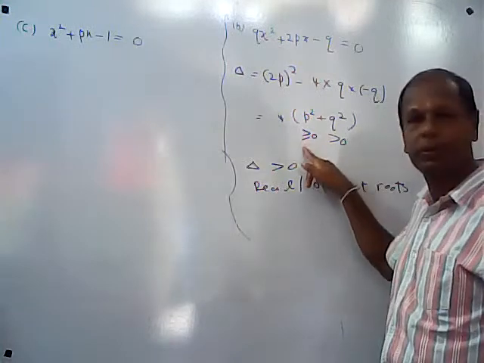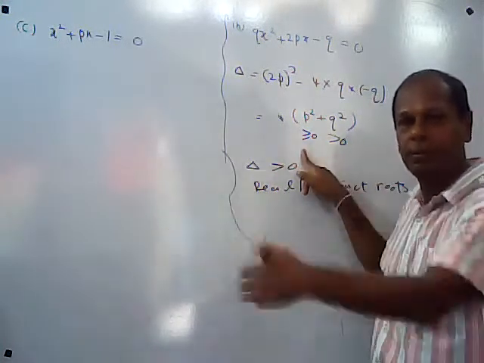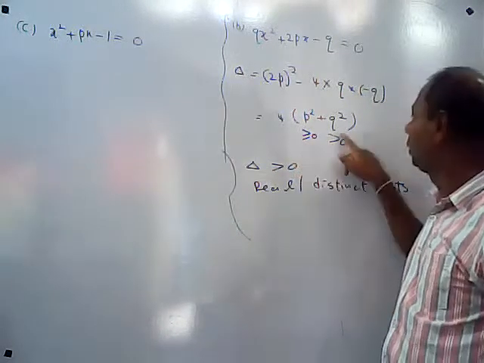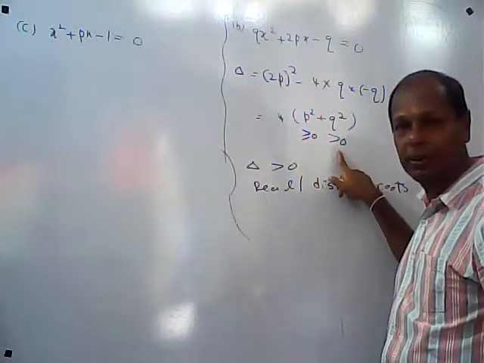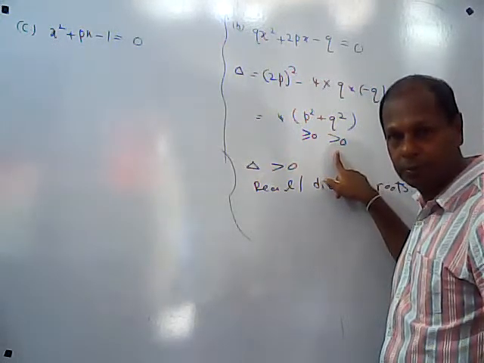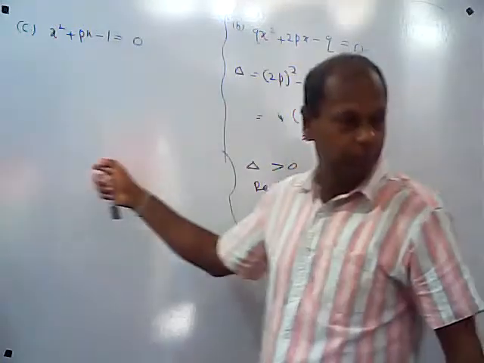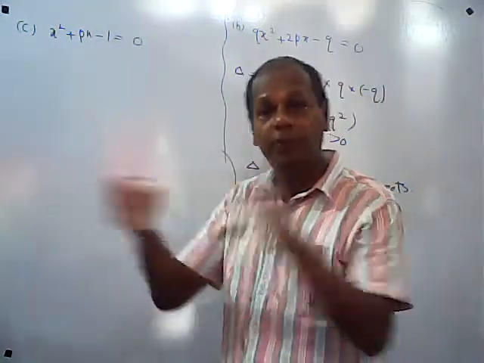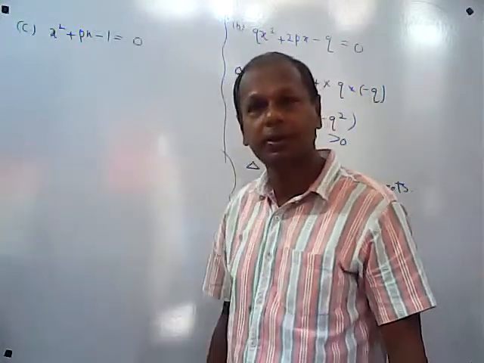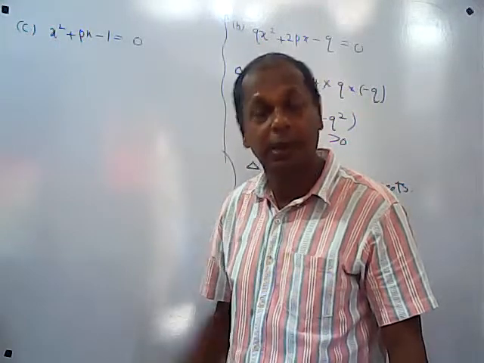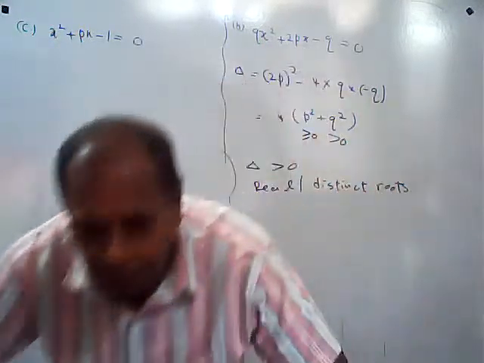P square is always greater than or equal to 0, so you don't need to discuss when P is less than 0, equal to 0, or positive. Q square also cannot be negative. Therefore, it is strictly positive, right? In the previous question, we had factors. That's why we had to consider the parts separately in the real number line. We had factors in that, but not here. Understood? Okay. Thank you.